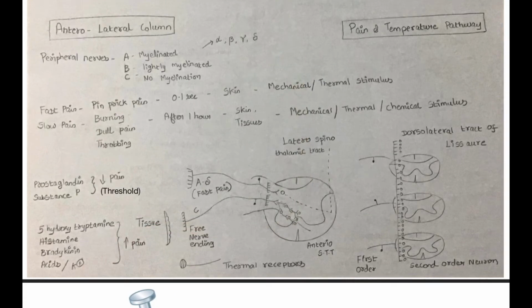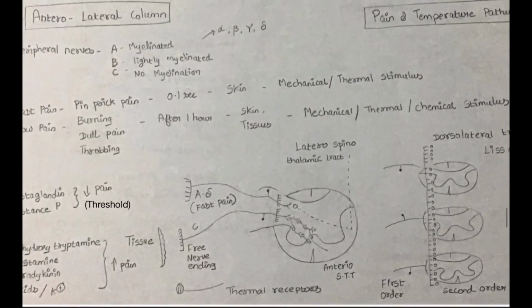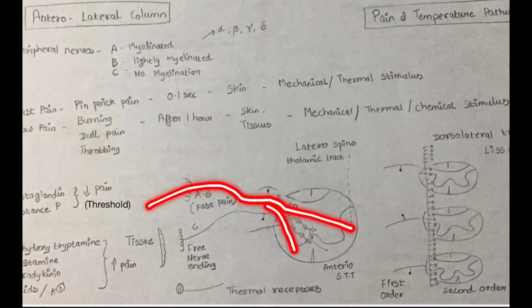We have discussed that most of the sensory nerve fibers go to the dorsal column and some go to the anterior and lateral column. So here we will see that in the anterolateral column, the sensory fibers, as usual like the dorsal column, first meet the first order neurons, and then some will go to the lateral side and some will go to the anterior side.